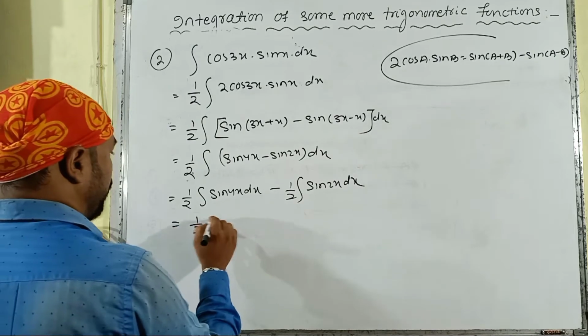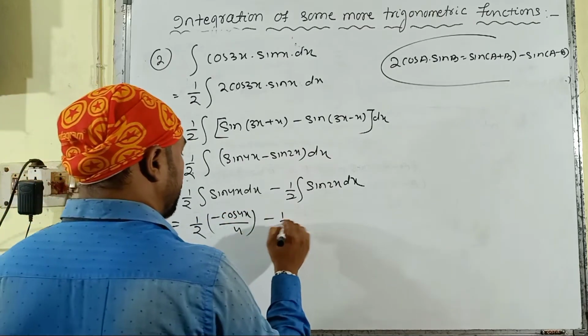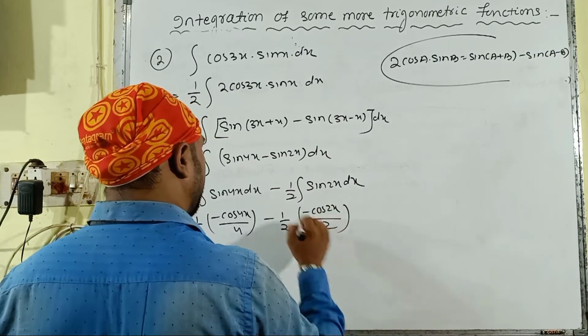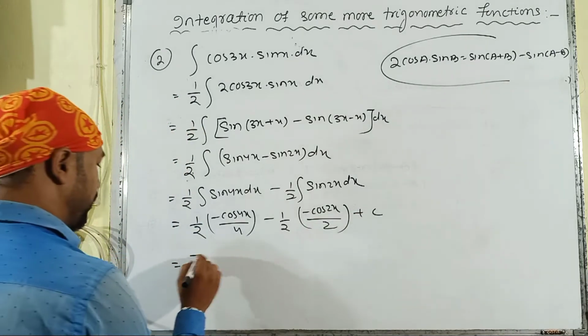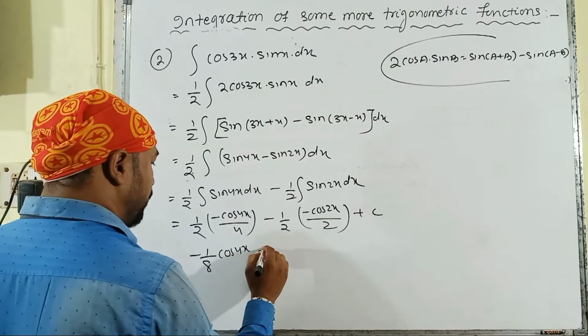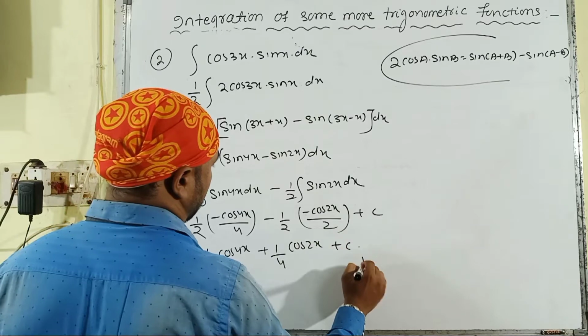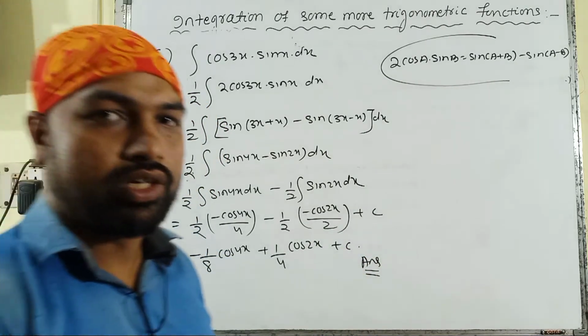It will be 1 upon 2 times minus cos 4x divided by 4, minus 1 upon 2 times minus cos 2x divided by 2, plus any constant c. Simplifying this step, we have minus 1 upon 8 cos 4x plus 1 upon 4 cos 2x plus any constant c, and this is the answer for problem number 2.